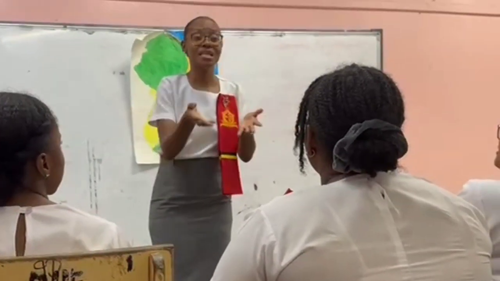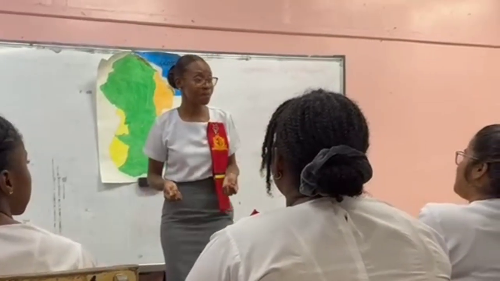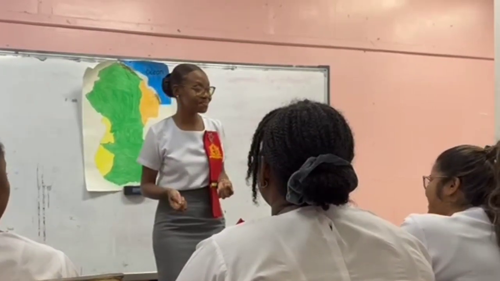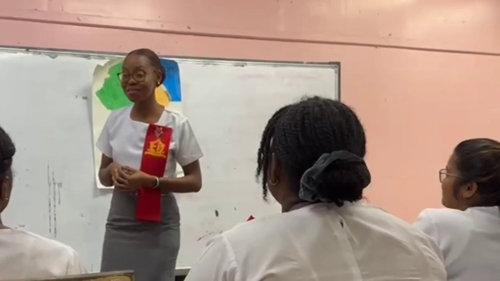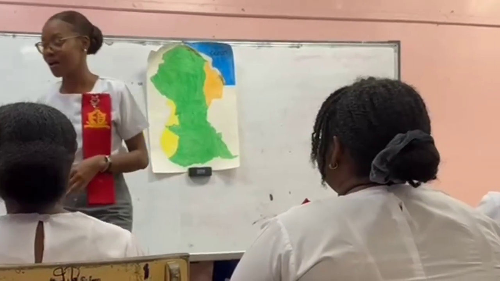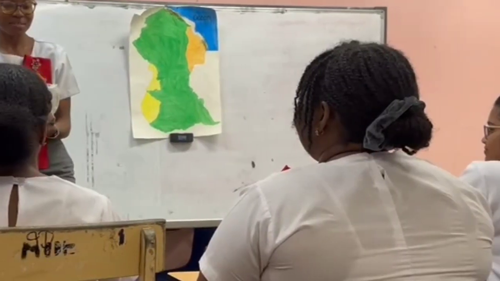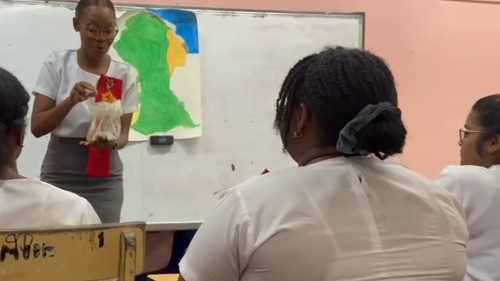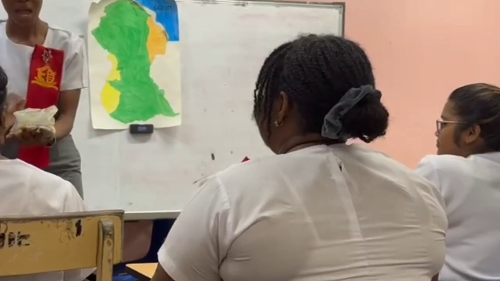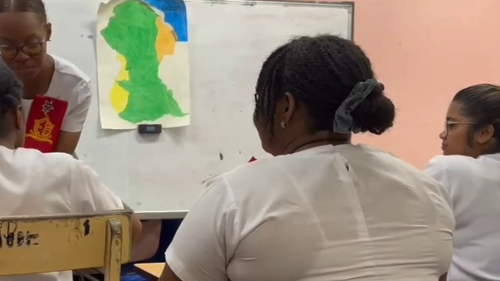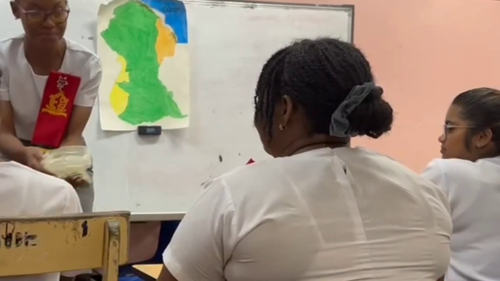Fruits. Yes, we will have fruits. And vegetables. Now teacher has the soil that we use to grow our plants that give us fruits and vegetables. You can touch it and feel how the soil feels.